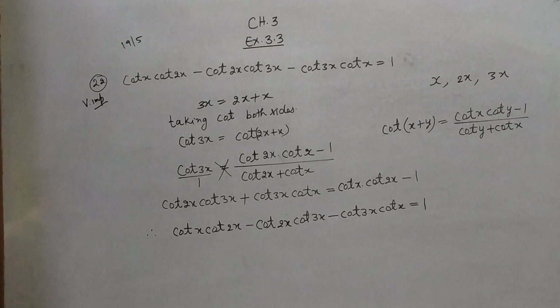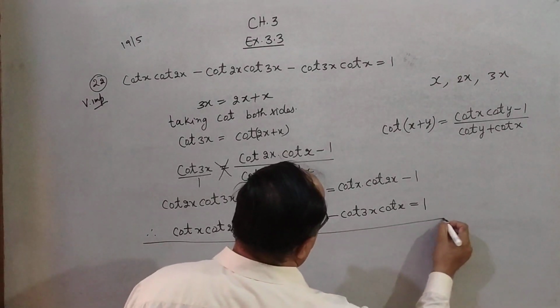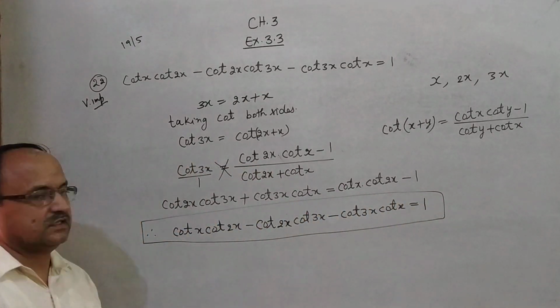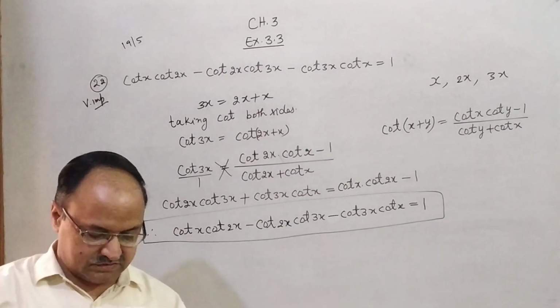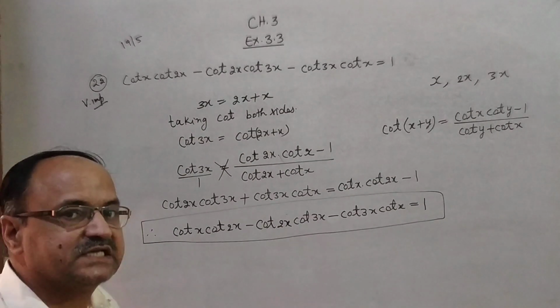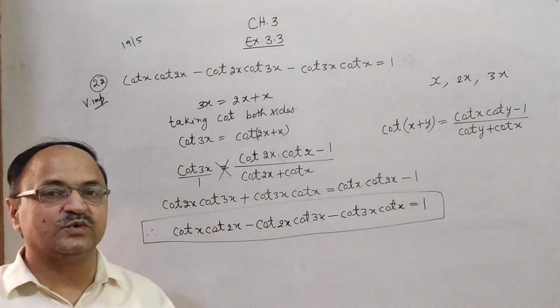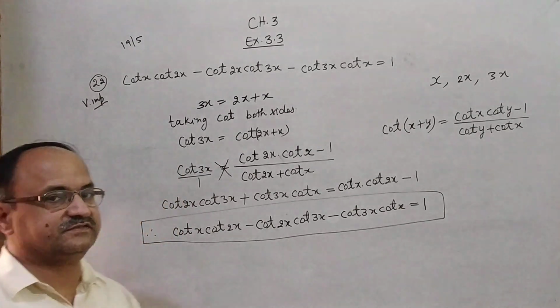Hence proved. This is the proof of this question. This is question number 22, a very important question. Practice makes the man perfect. So in this chapter 3, the practice is needed. Very important.